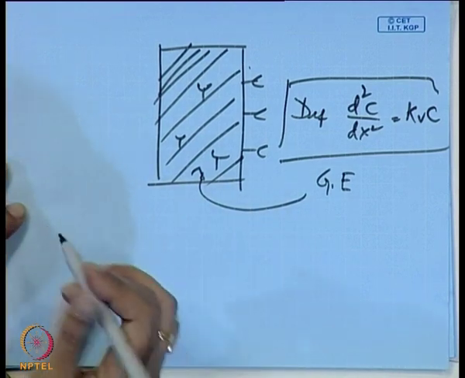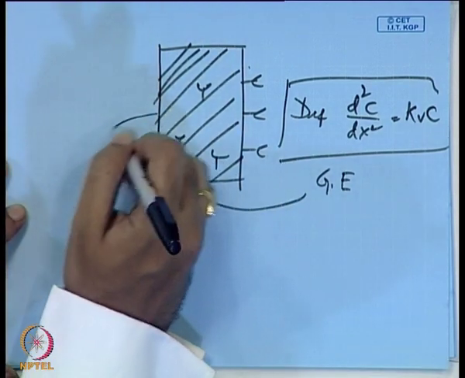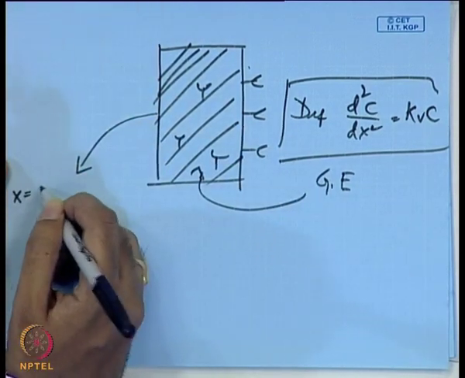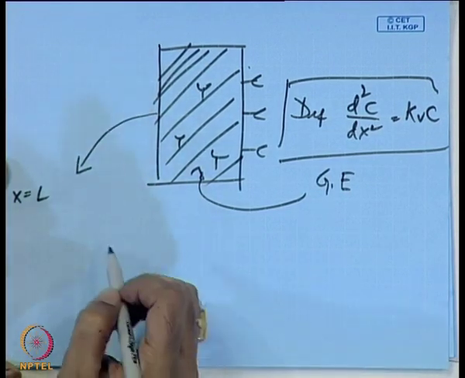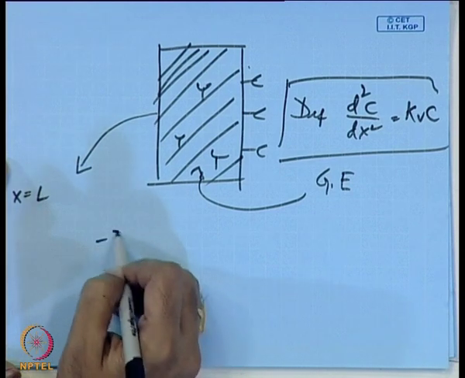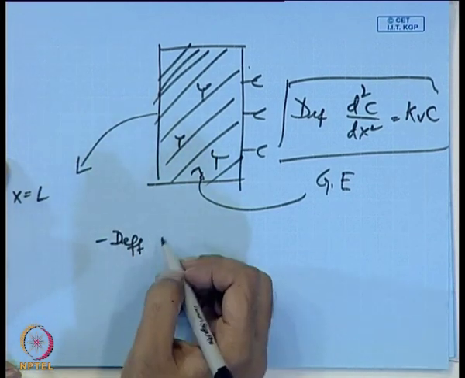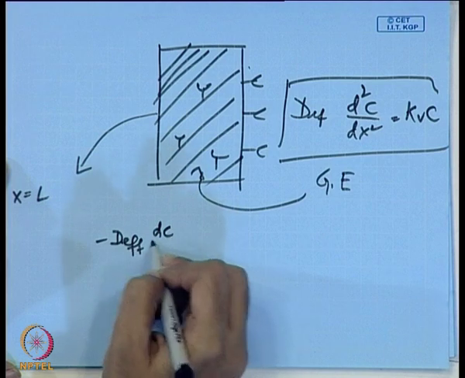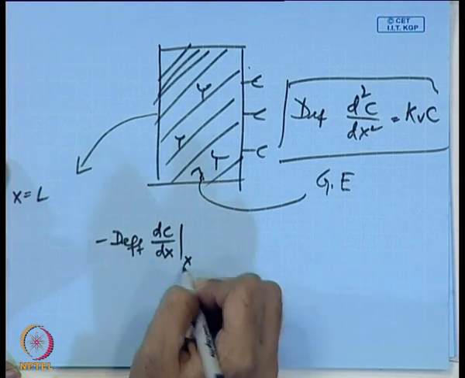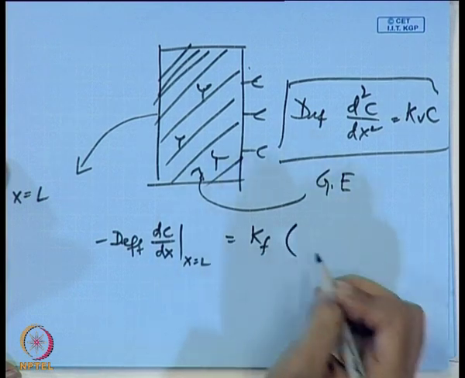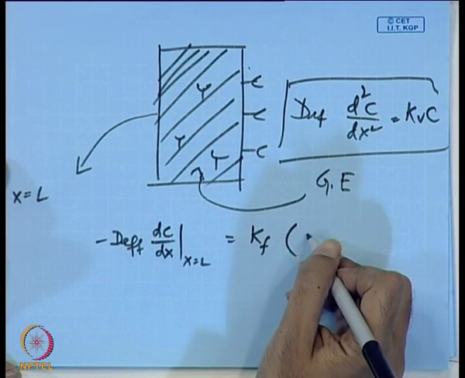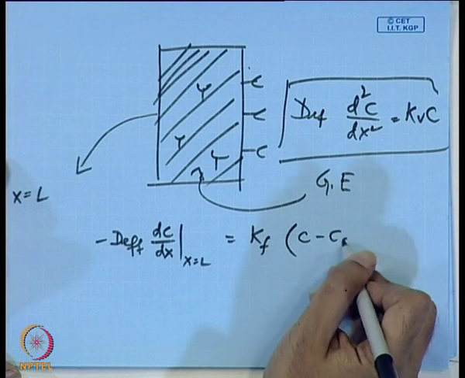Now, the boundary conditions. The first boundary condition is at this point, x equals L, let us say. So D effective times dC/dx at x equals L should be equal to k_f (C minus C naught).